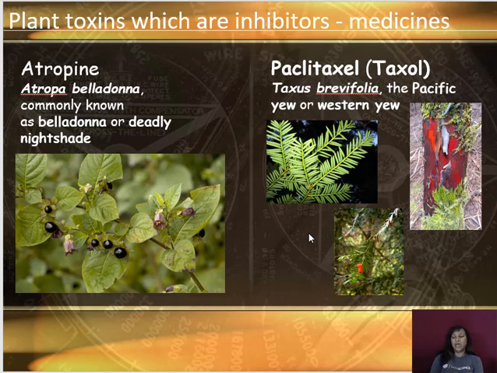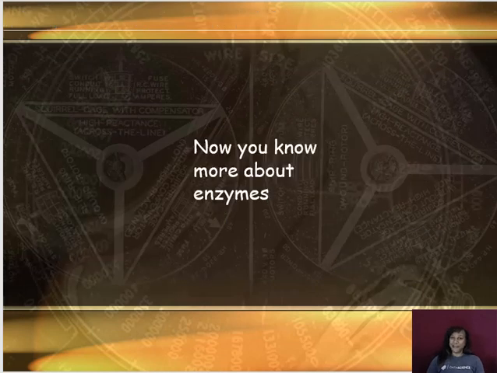It's made from the Pacific yew, and it's used in breast cancer, lung cancer, and ovarian cancer treatment. So this has been a huge lifesaver for many individuals. Knowledge of enzymes and how they work and how their inhibitors work is really important. And so now you know more about enzymes.